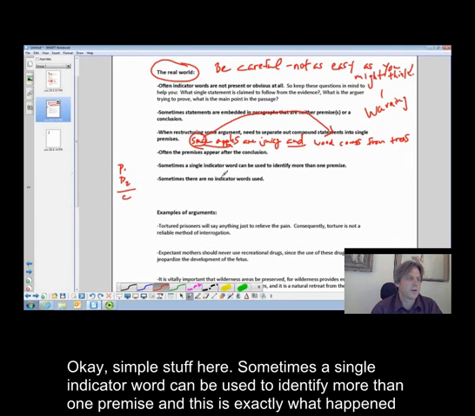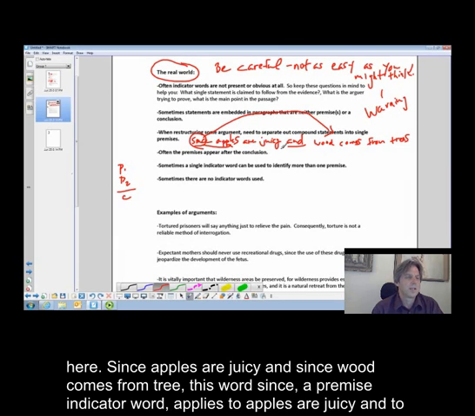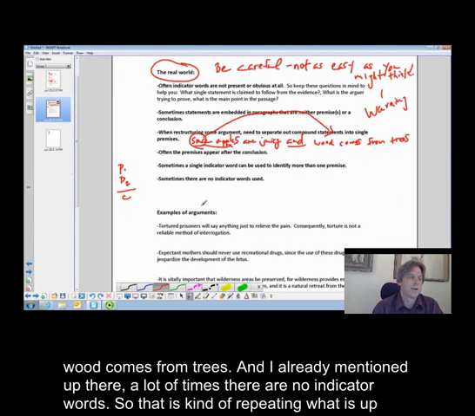Okay, simple stuff here. Sometimes a single indicator word can be used to identify more than one premise, and that's exactly what happened here. Since apples are juicy and since wood comes from trees, this word since, a premise indicator word, applies to apples are juicy and to wood comes from trees.